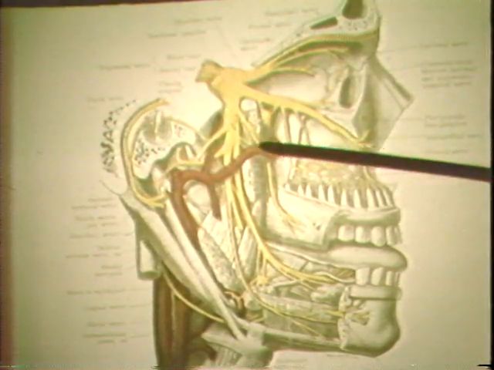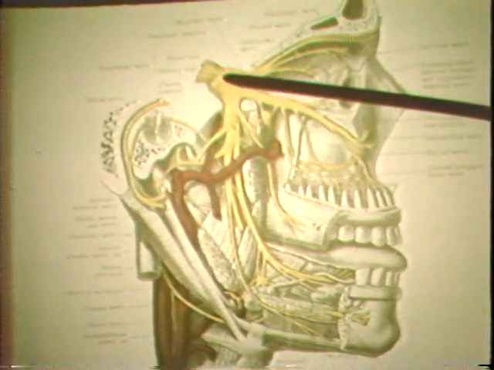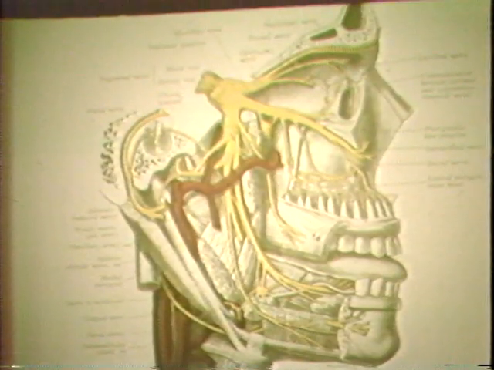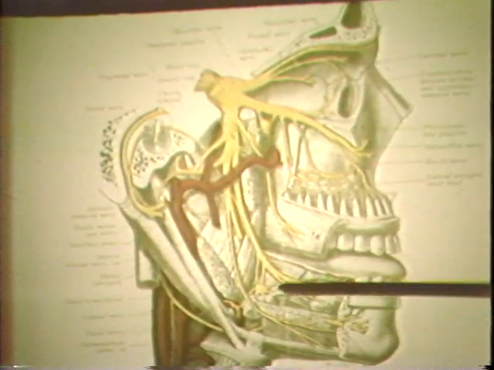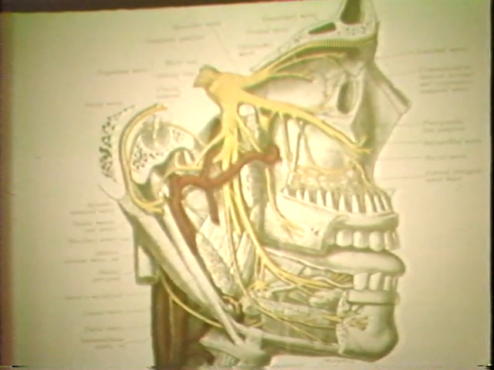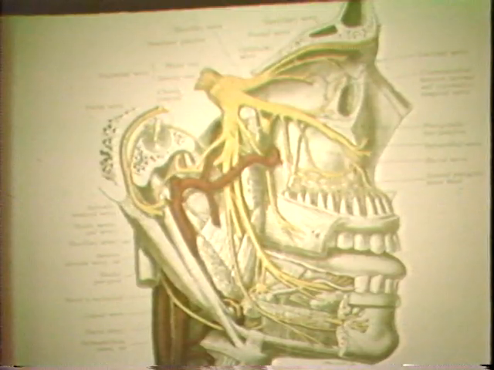The muscles of mastication are also innervated by the motor arm of the trigeminal system. The way in which the motor arm receives its sensory input is somewhat different than other spinal nerves.